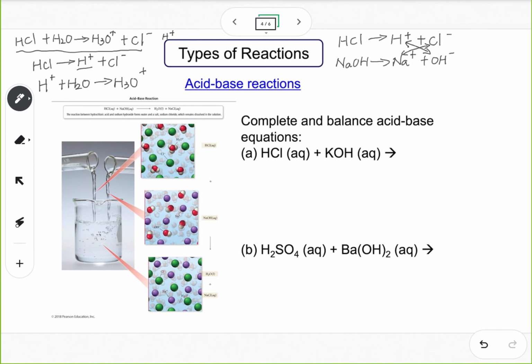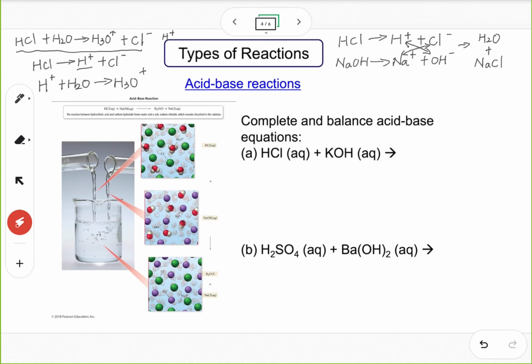That's why we said the two products would be water, the product from the reaction between H plus and hydroxide, and the second product would be sodium chloride, from the reaction of the sodium cation and chloride. So they exchange the cations and anions.